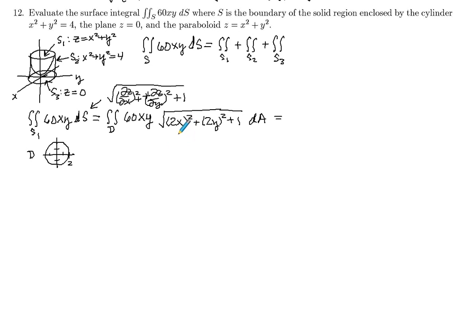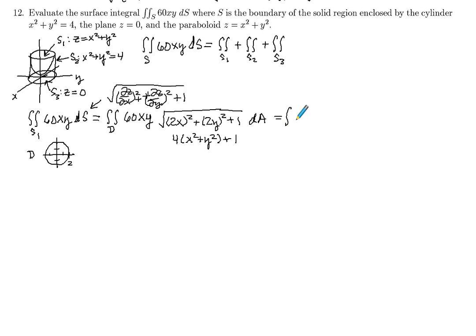And then notice here, this is 2x times 2x, 4x squared. This is 4y squared. Notice that this is 4 times the quantity x squared plus y squared, plus 1. So this is r squared. That's nice in polar coordinates. So why don't we change this to polar, or actually cylindrical coordinates, polar with z.